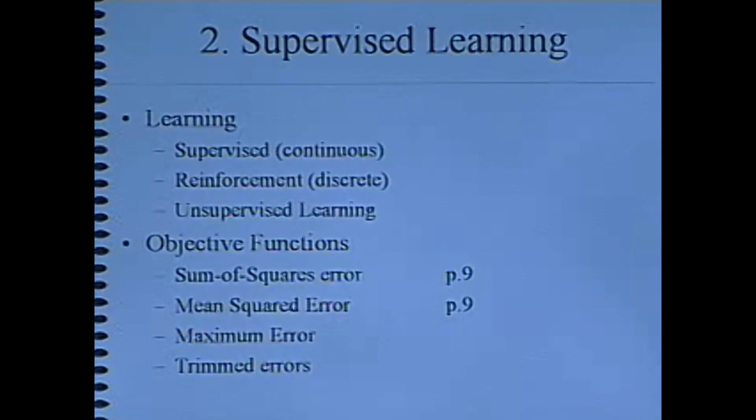An error function is something that you want to minimize, and we have to decide what it is that we want to minimize. There are different ways to do this, and they're here in the text. One of them is the sum of squares error, which is probably the most common way of doing it.